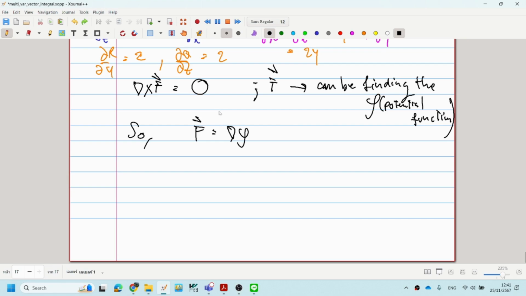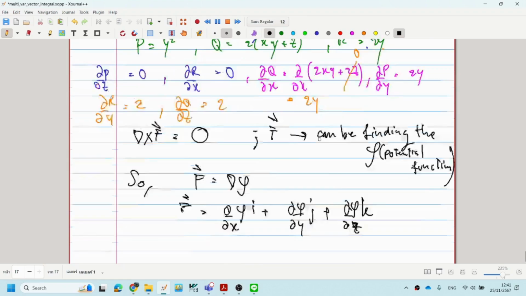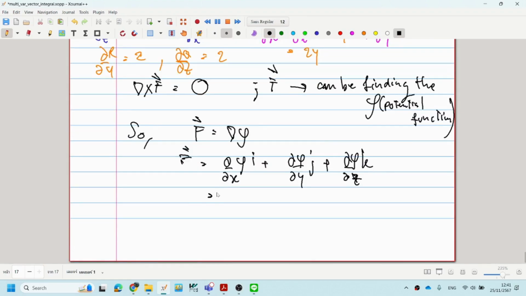Next step, because it's ∇φ, where ∇φ is ∂φ/∂x i, and ∂φ/∂y j, and ∂φ/∂z k, right? Vector f is p i plus q j plus r k, right?